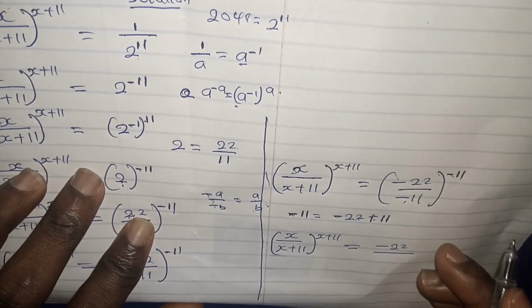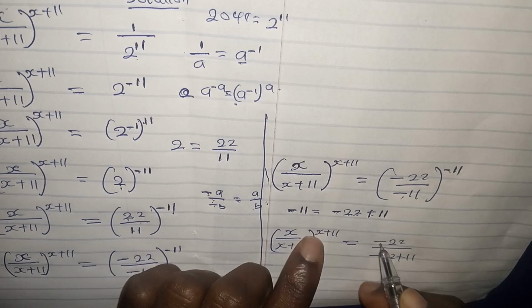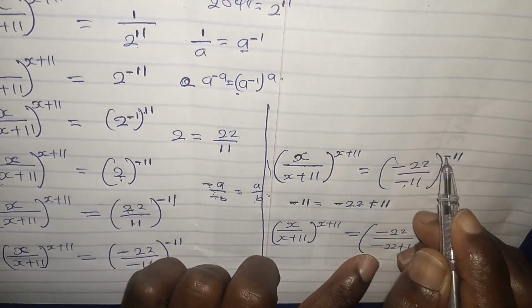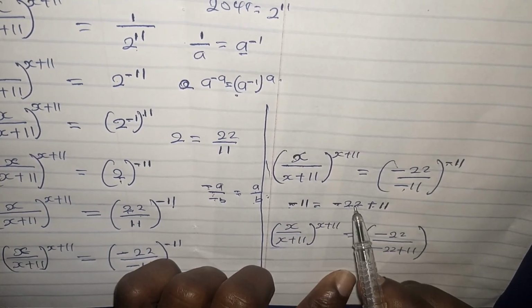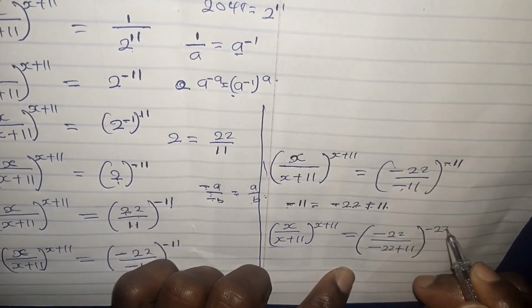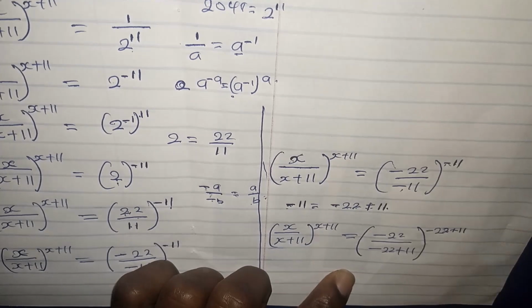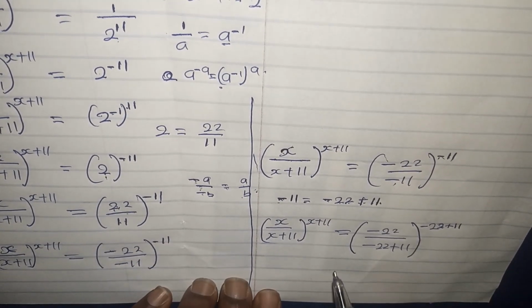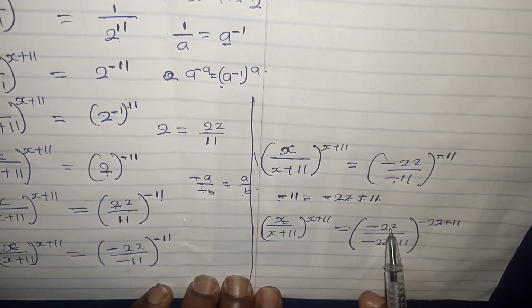So we can simply write here negative 22 plus 11, close bracket, all to the power of, we're having negative 11 here, and we say negative 11 is equal to negative 22 plus 11. So write negative 22 plus 11.